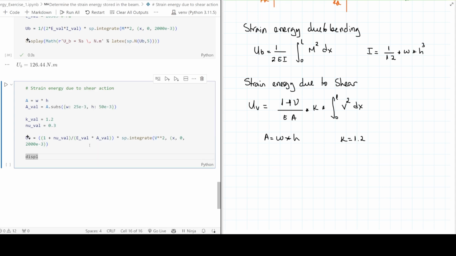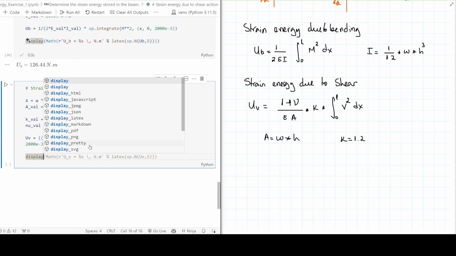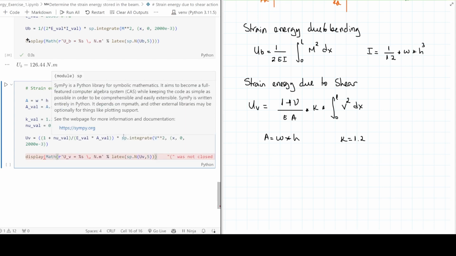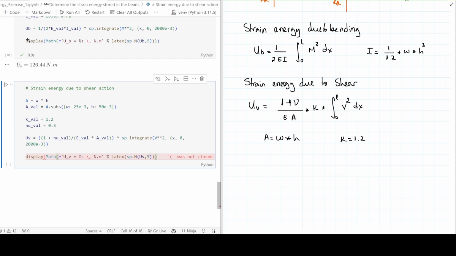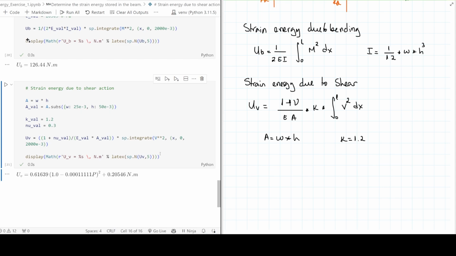And then display this. So let's have a go. Oh boy, there is something missing, and that is that V, but I could use V value. Let me see. Yes.